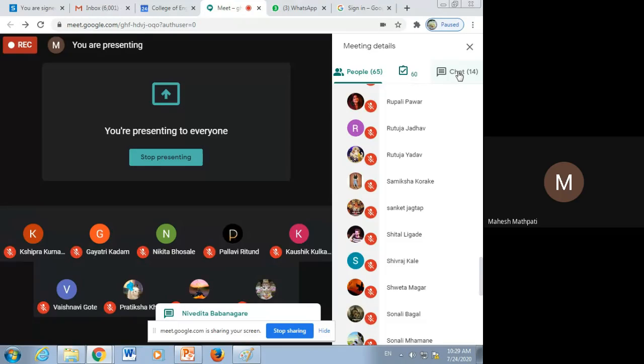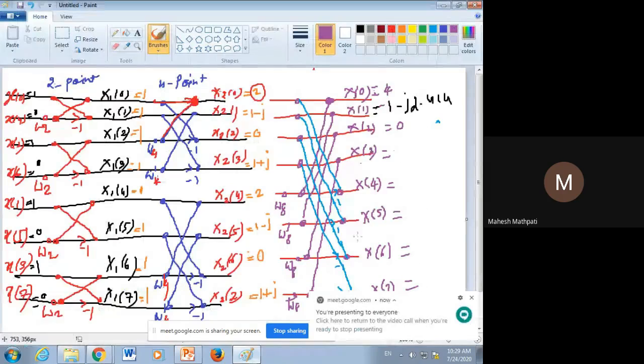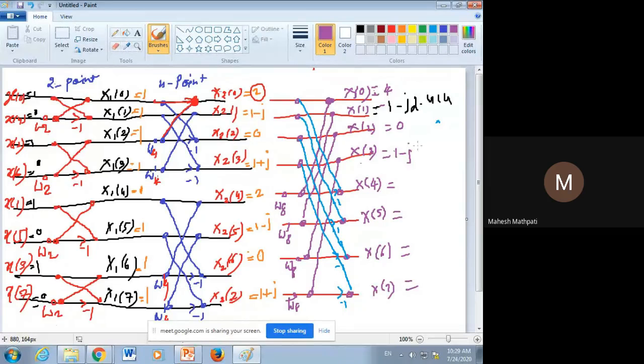Okay. Have you solved the example? What are the values? X of 3 is how much? 1 minus j 0.414, yes, that's correct.